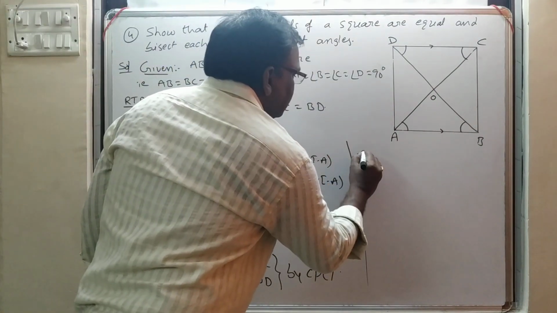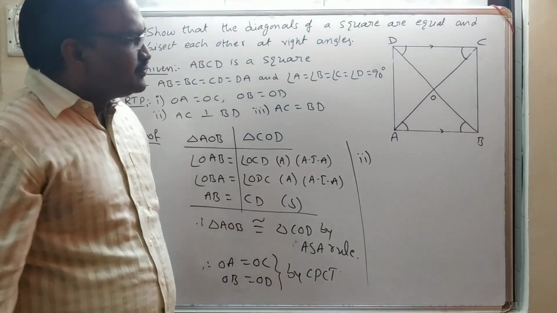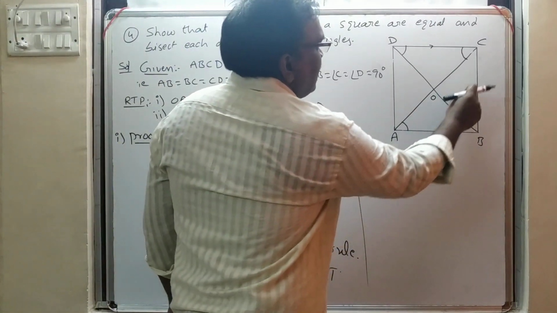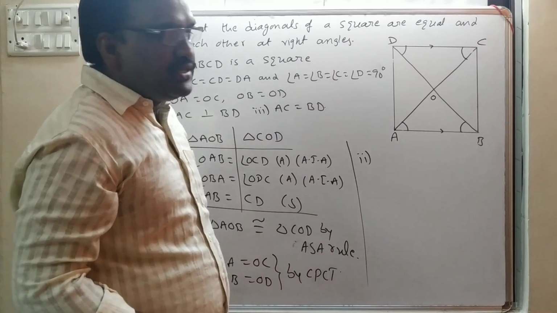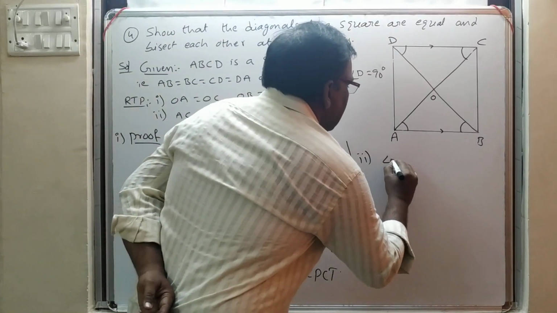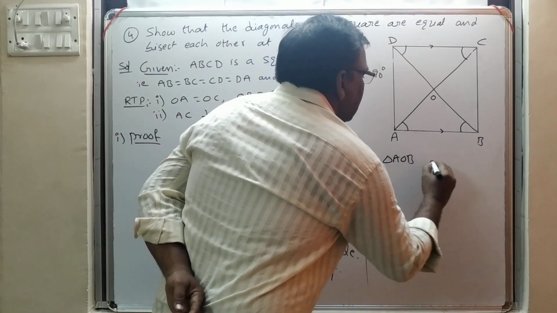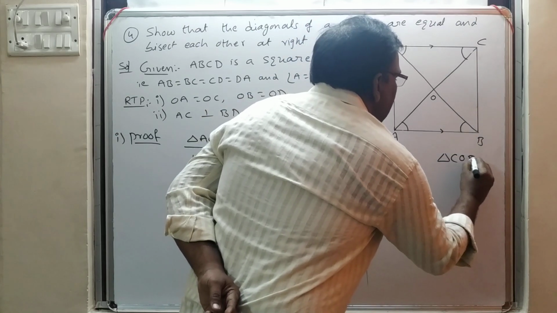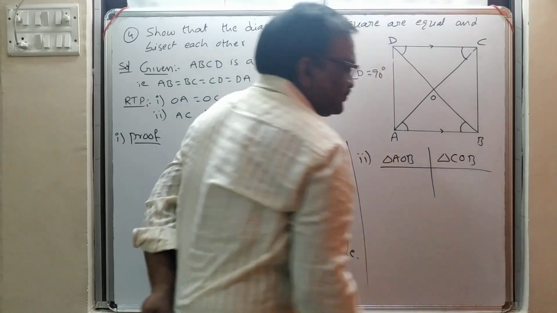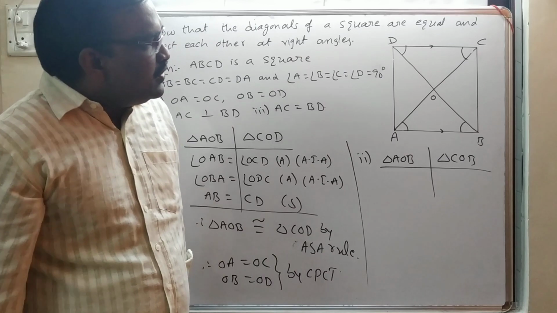Next, see the second condition. Observe triangles AOB and COB. What are equal?